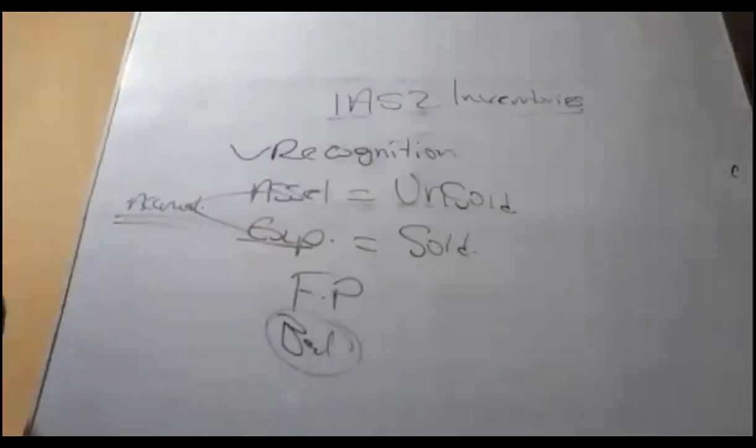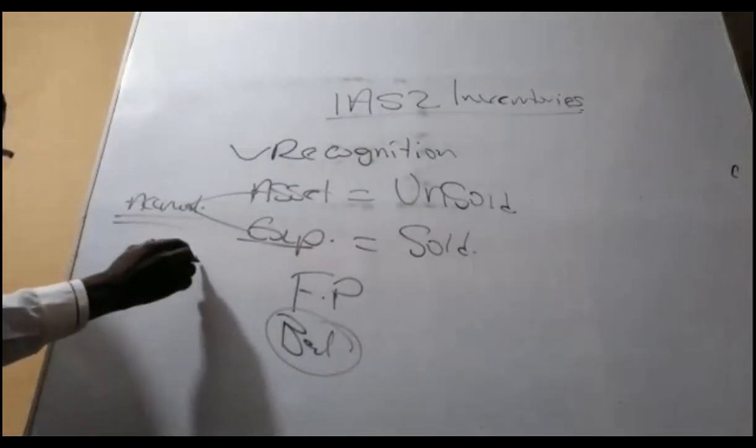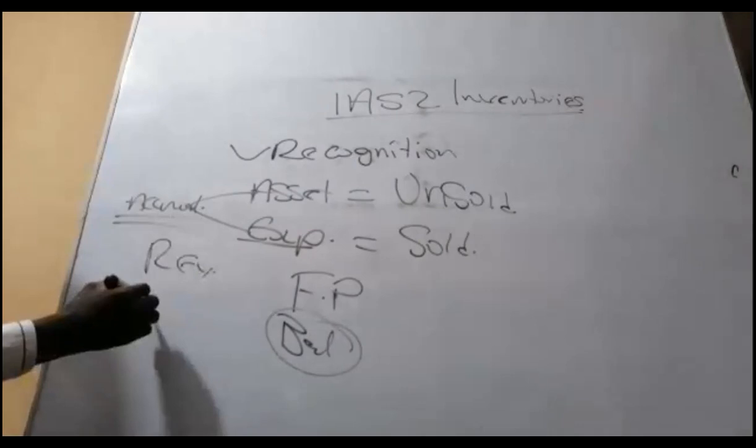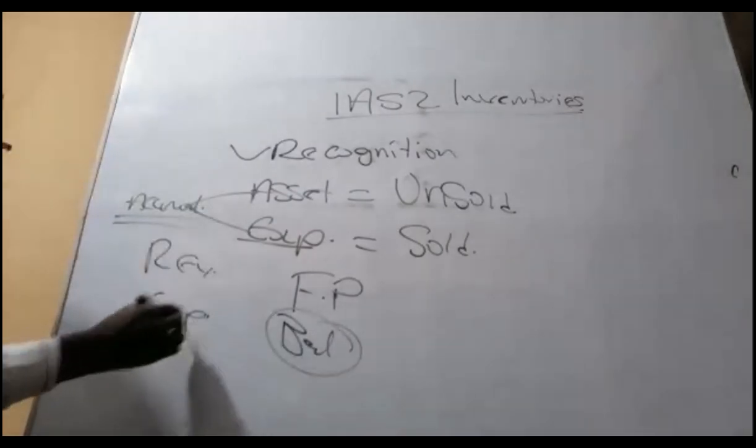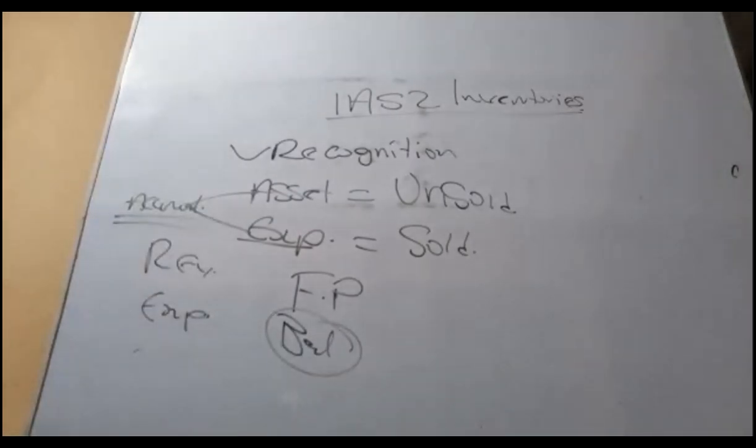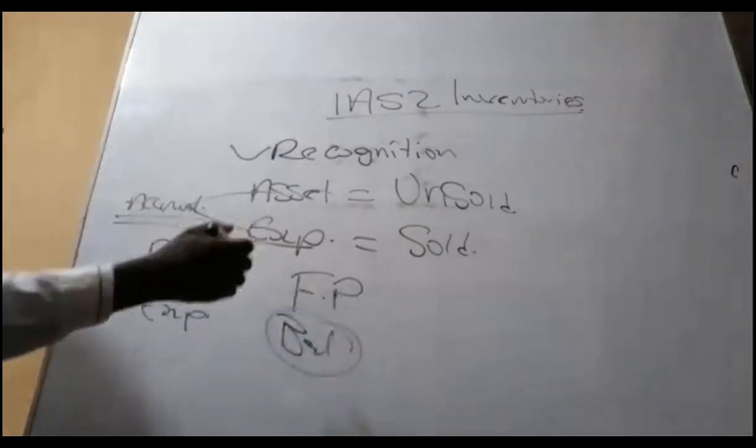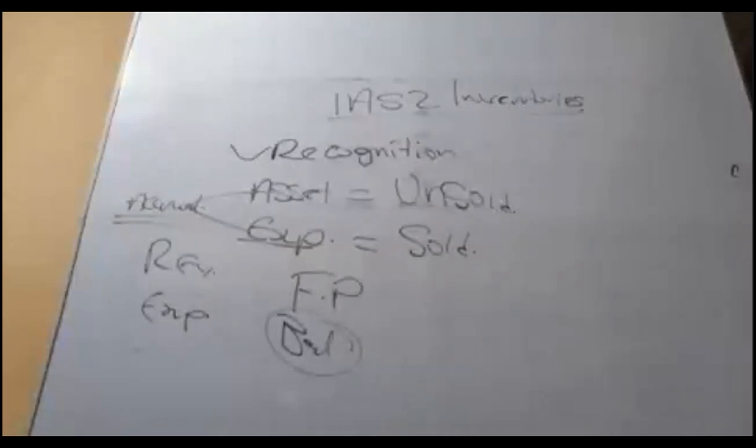The matching concept states that if you want to determine the profit for a particular period, you match all that period's revenue on one side with all its related expenses. The difference will give you the profit. If you take goods out of inventory, it means you have disposed of it, the sold one.